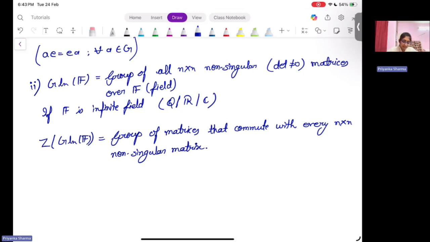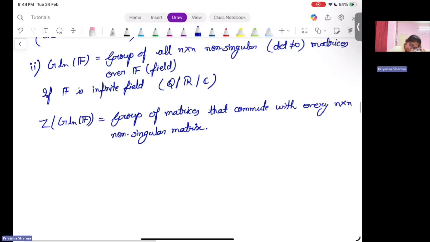That is, scalar matrices commute with every matrix of the same order. So I can write it in this form, such that A belongs to F star.